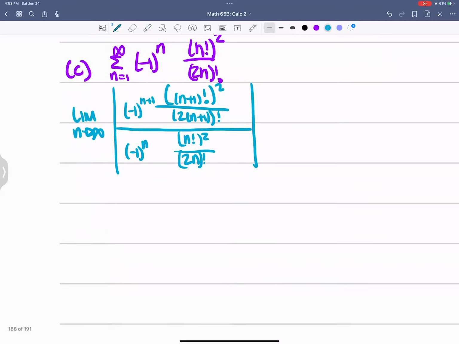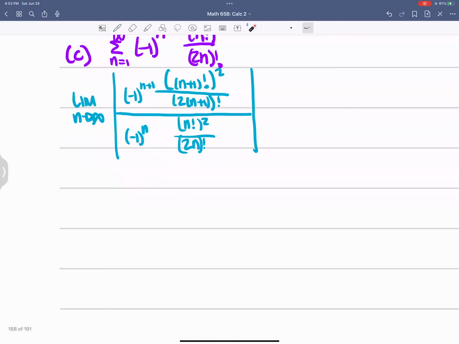Since we have these absolute values, we could drop the absolute values and drop these here. The rest of this is going to end up being positive. So we have the limit as n approaches infinity. Again, these divide out, and we could drop the absolute values as well. We could do a little keep change flip.